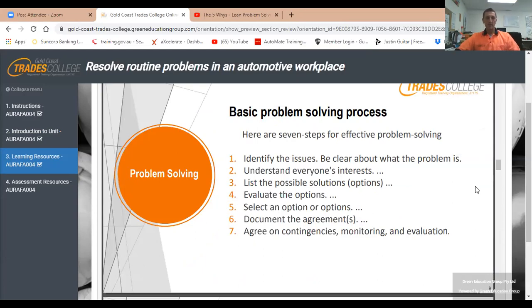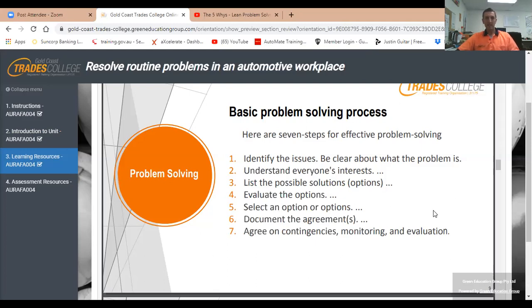Step 1 would be identify the issues. So be clear about what the problem is. It's all about being clear and breaking down the actual issues. What is that problem? And document very clearly what the problem is. Also, we need to understand everyone else's interests.